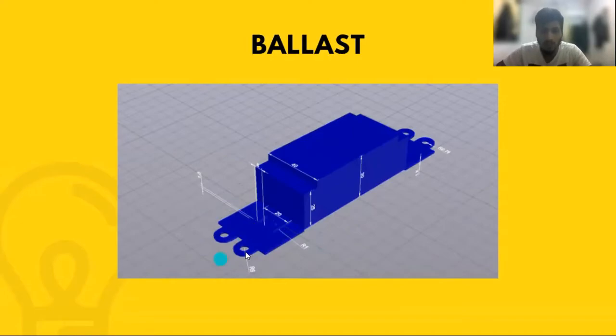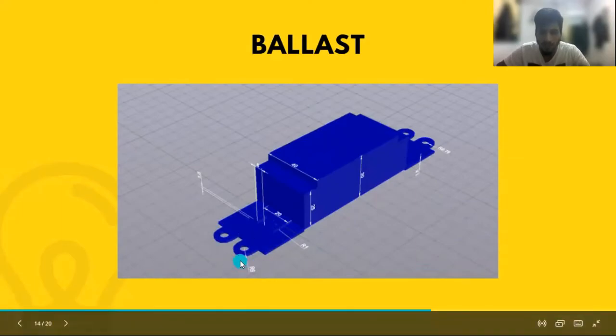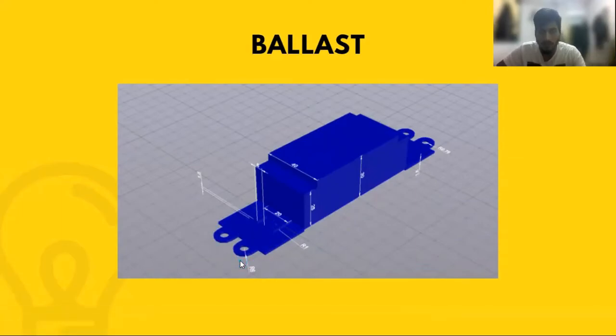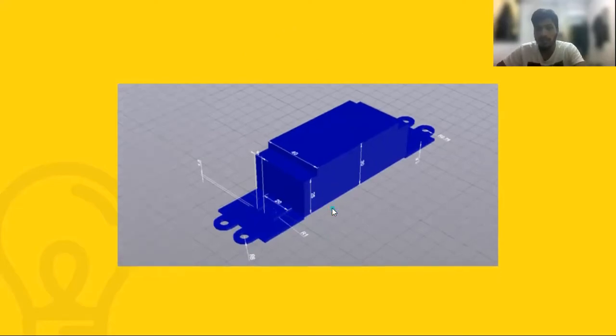We took this from the dimensions of the actual model. This circle has a radius of 6 millimeters, and we took it from the actual design. This will be attached to the lamp case, and the rest is a simple dimension of the ballast.